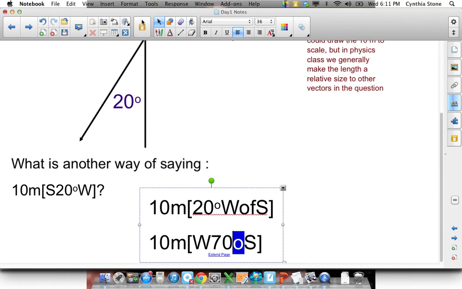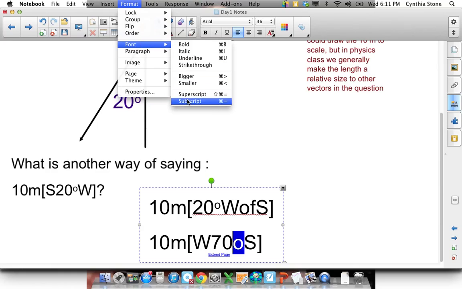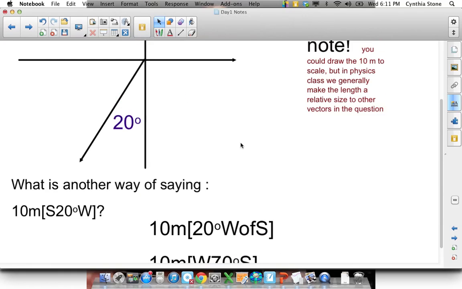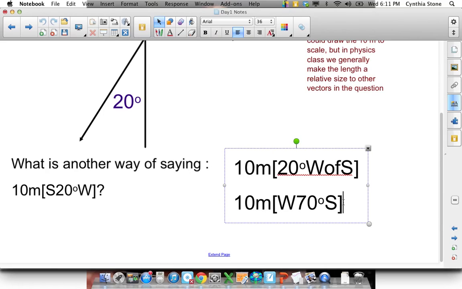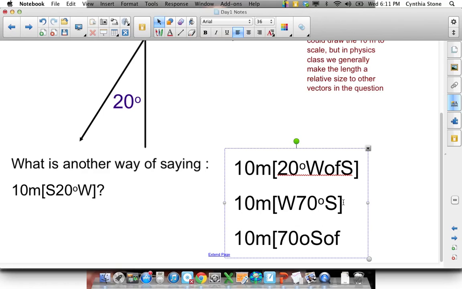That's sort of taking into account that this is 70 degrees in this area here. So it's west, 70 degrees south. That works just as well. I could also say, to get my fourth method of saying the same vector, 10 meters, 70 degrees south of west would be another way.